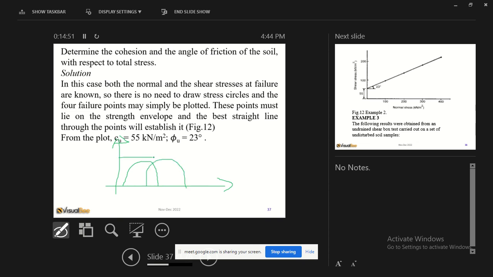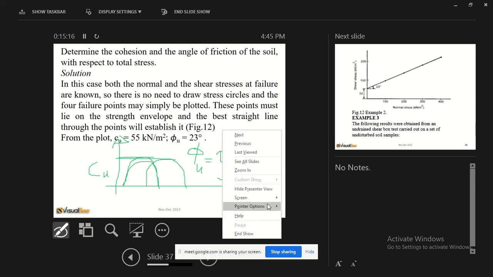So this is usually what is called undrained. This is called Cu, which is undrained shear strength. But in this case, the phi undrained is 0. Now those are two things. Please also note, maybe this is the case here.